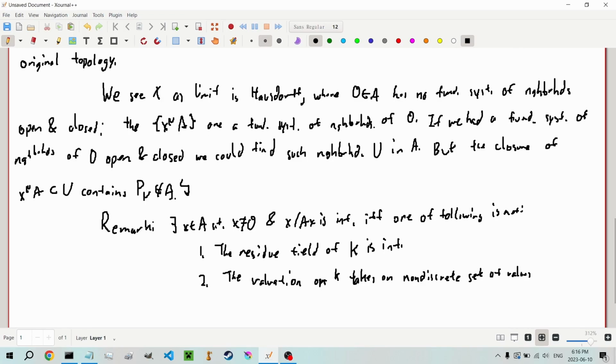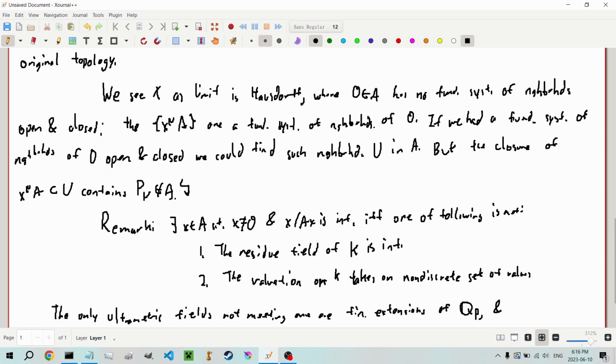And the only ultrametric fields not meeting one of these conditions are the finite extensions of the p-adics and the fields, this is the formal power series over a finite field.